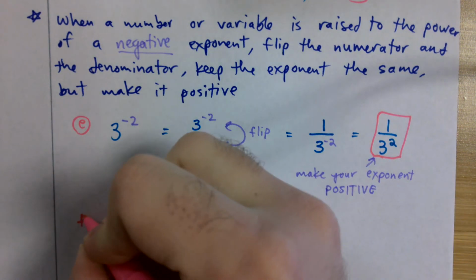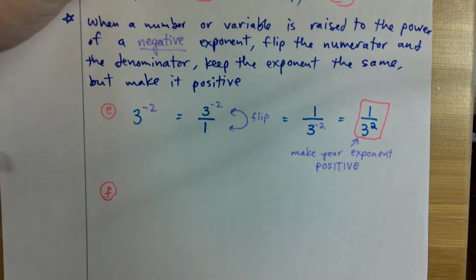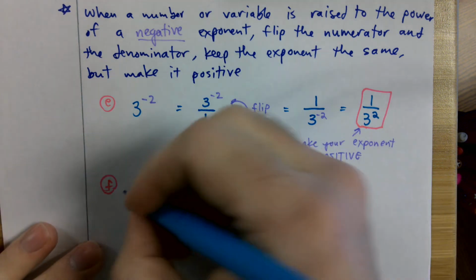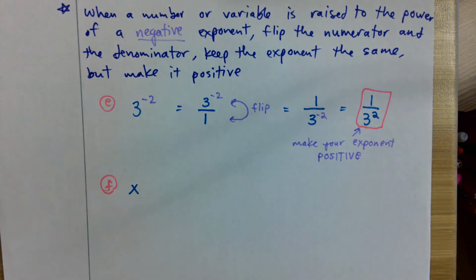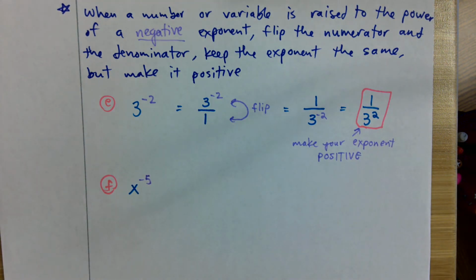All right, what about example F? Let's do x to the negative fifth power. X to the power of negative 5. Once again, let's rewrite this so that we have a fraction here.